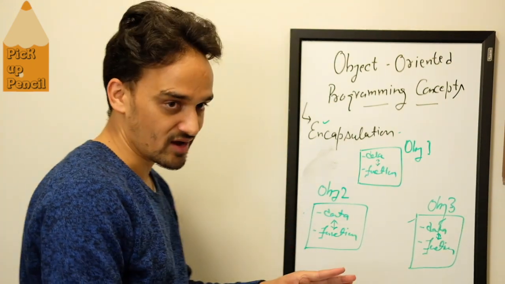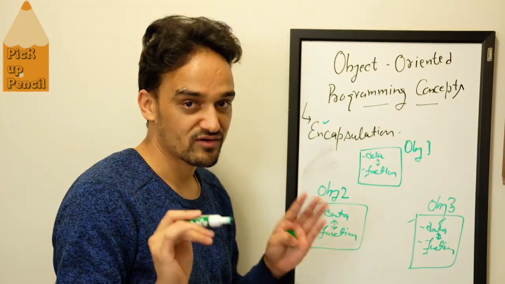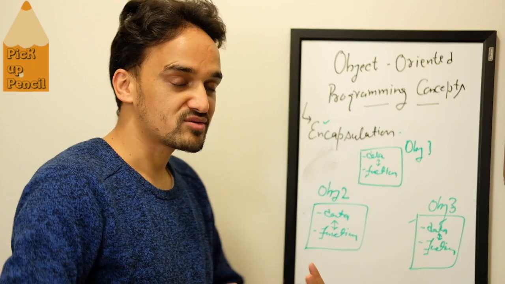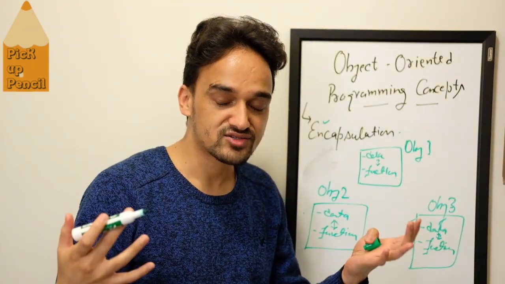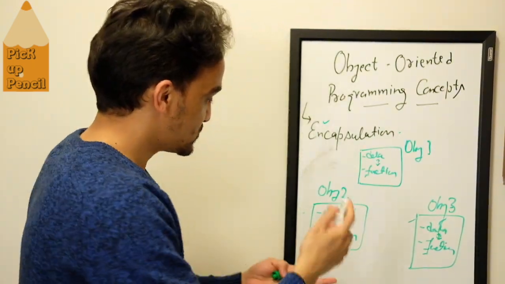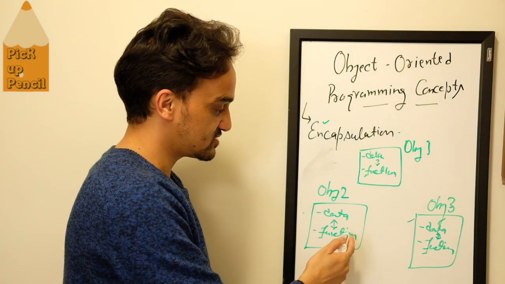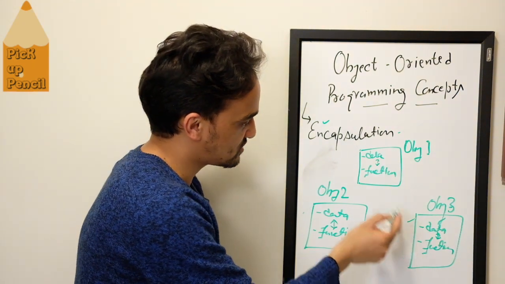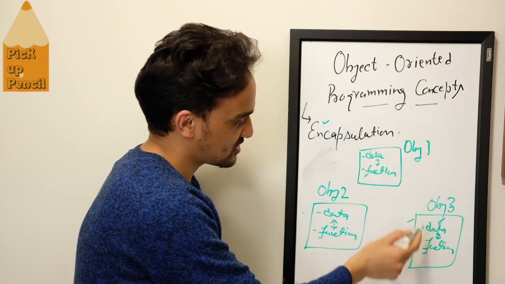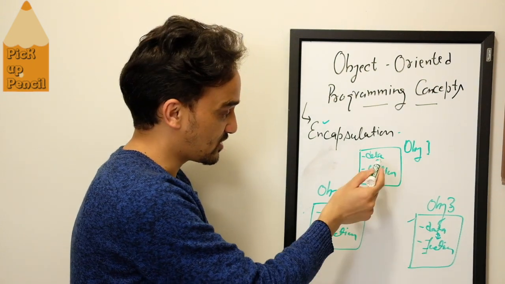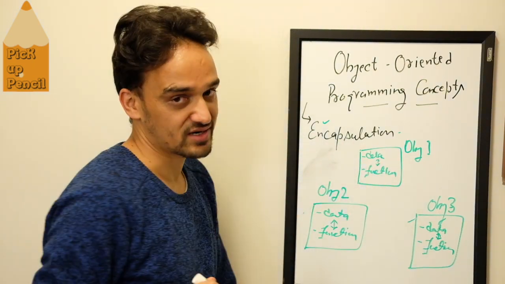That is why this is a powerful way, because in a bigger world, when we have hundreds of thousands of functions, this data cannot be changed by another function, because it can only be changed by this function.